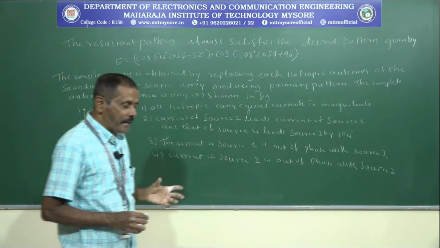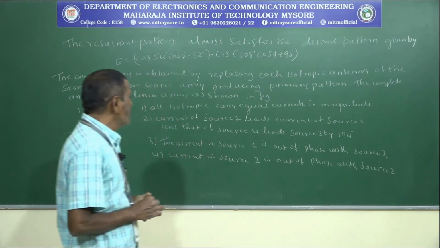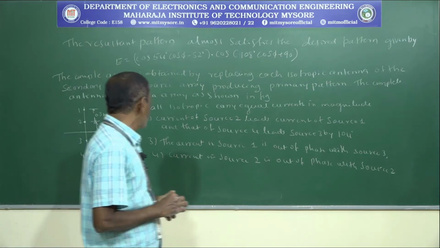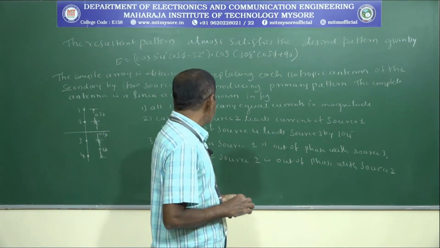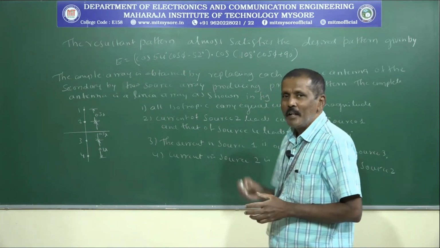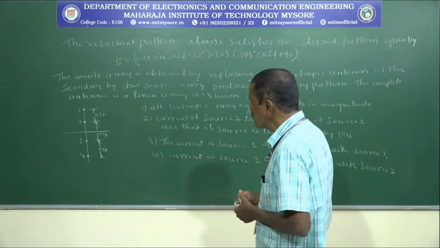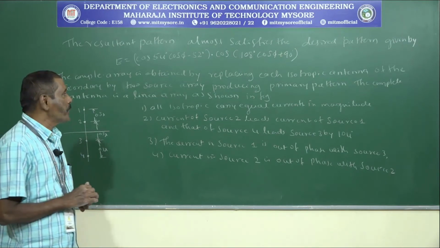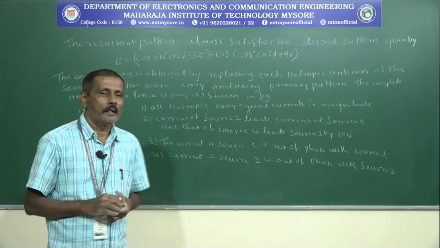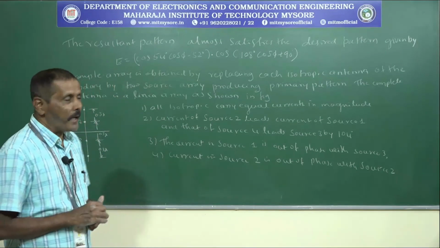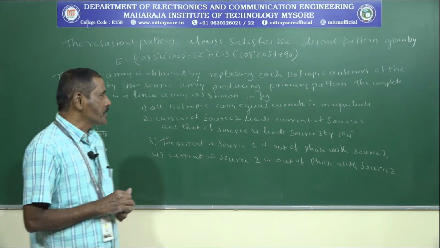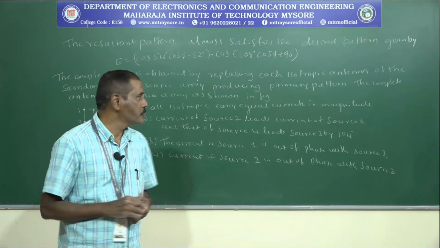And this complete array can be obtained by replacing each isotropic antenna of the secondary by two source arrays producing the primary pattern.